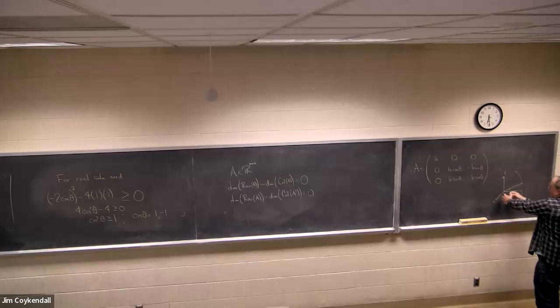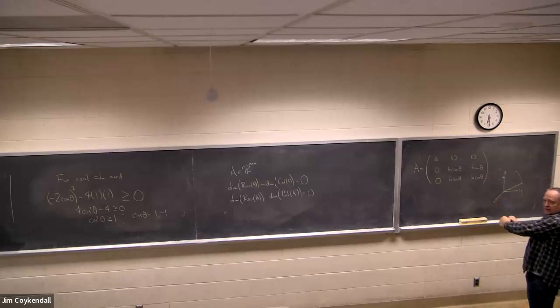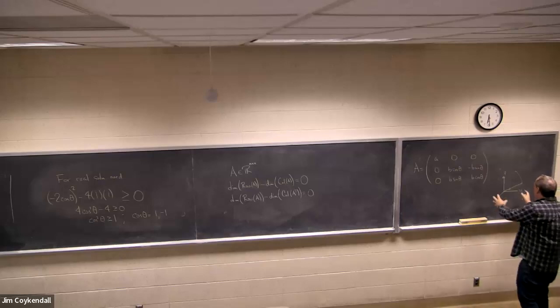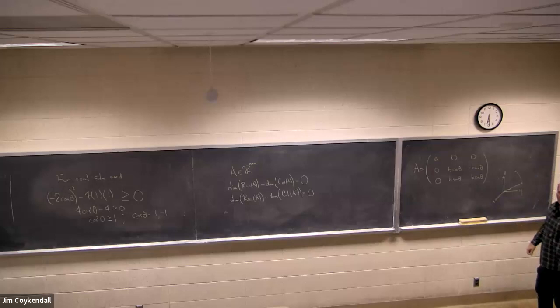So it's pulling out, if a is positive, say, then it stretches a in this direction out of the board. And in the plane itself, it takes any vector here and stretches it by b and then rotates it by theta. That's essentially it.